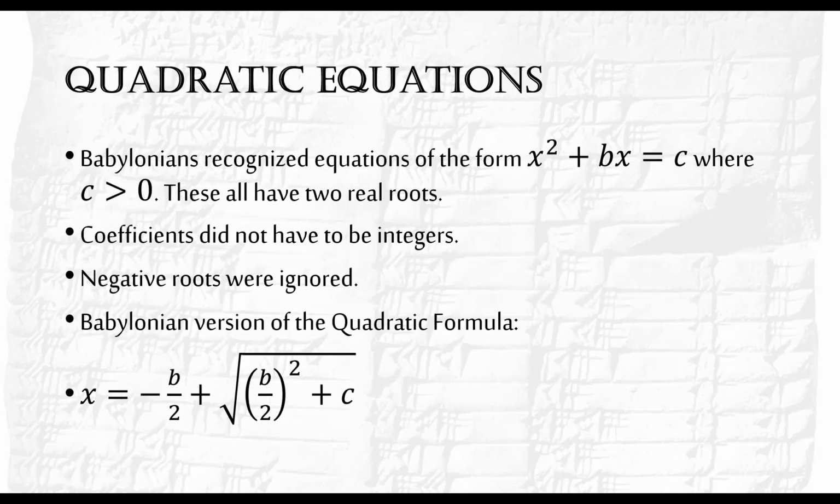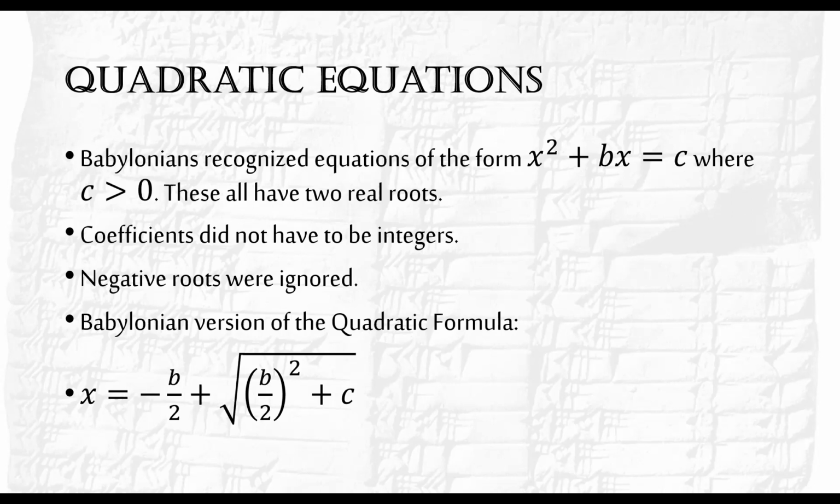So this is a Babylonian quadratic formula. Be aware that they recognized equations of the form x squared plus bx equals c. And c had to be a positive number, but b did not. They didn't have the concept of negative numbers, but they did have the concept of subtraction. Remember that in the past, all problems were word problems.